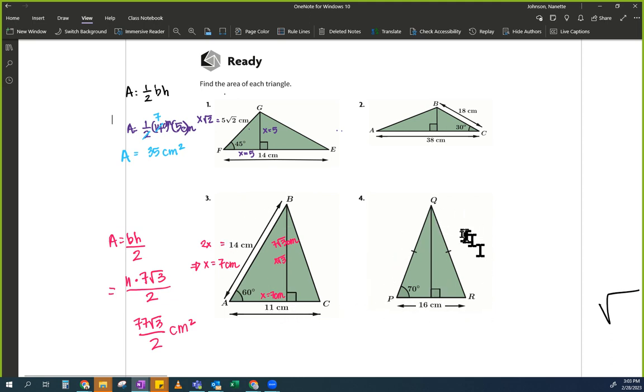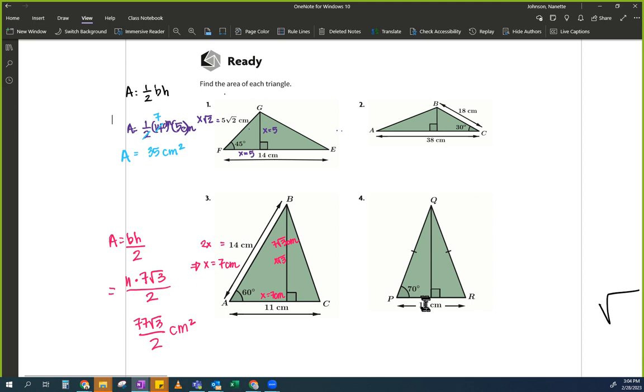But here we're going to use something a little bit different. Okay. So does everybody see the right triangle? Yeah, and the fact that this is 70 degrees, I'm not going to be using 30, 60, 90 or 45, 45, 90.